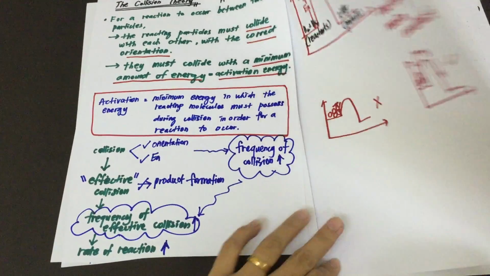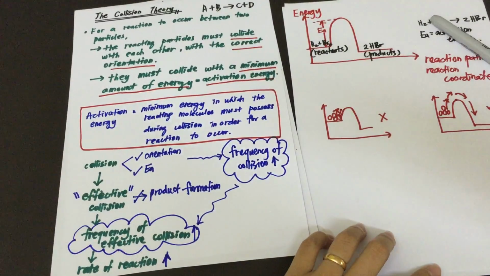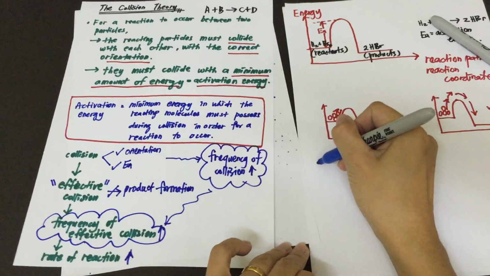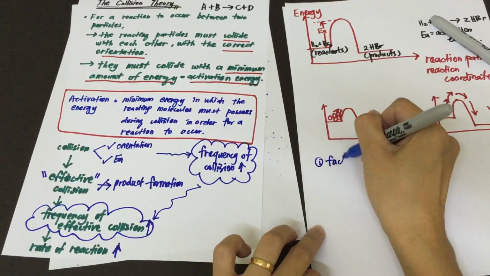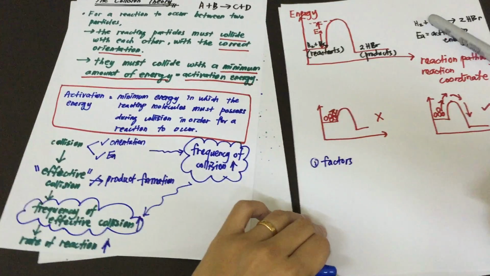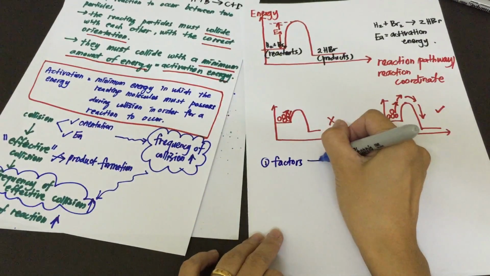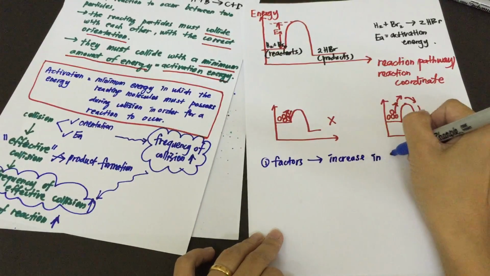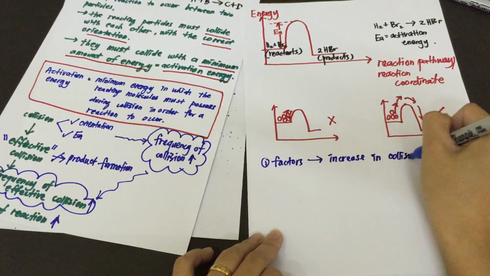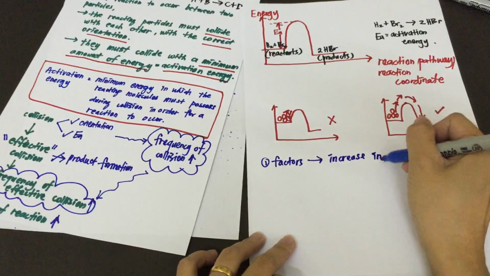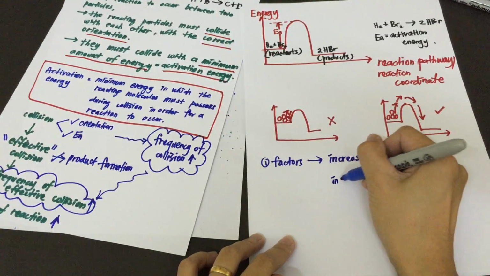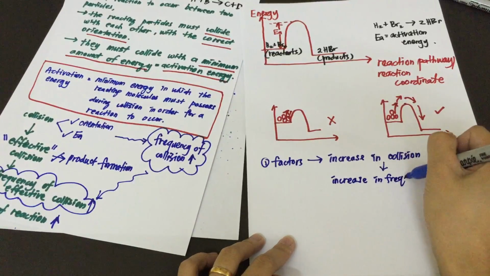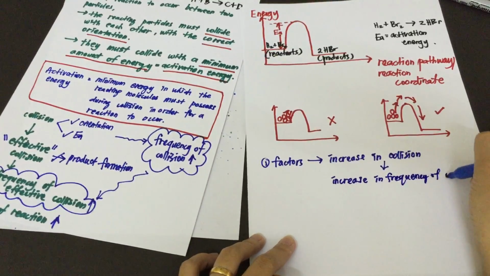So to summarize it over here, point number one will always be that, because of different factors, there is an increase in collision. After the increase in collision, the increase in collision over time is called the increase in frequency of collision.